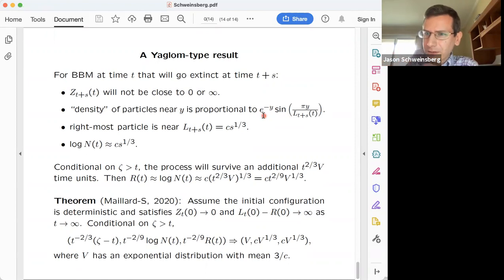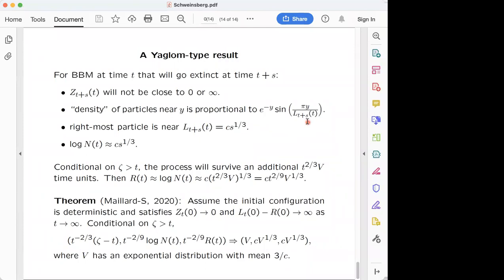If you want to focus on the particles that are actually going to have descendants surviving for the longest, you can do a weighted point measure, where a particle at the location x is weighted by e to the x. If you normalize that, then you will see something proportional to this sine curve showing up. So you can in fact see this density here in various ways by looking at the kind of point measure that you're referring to.